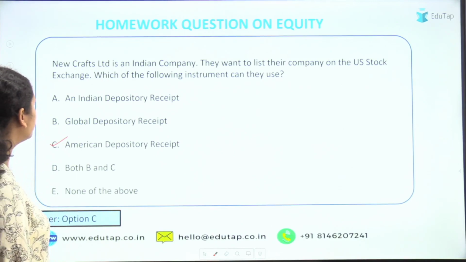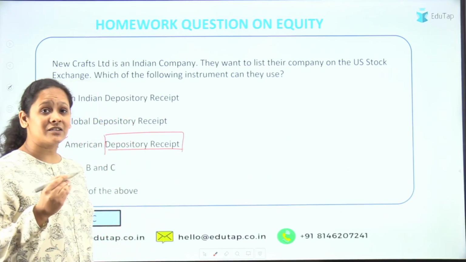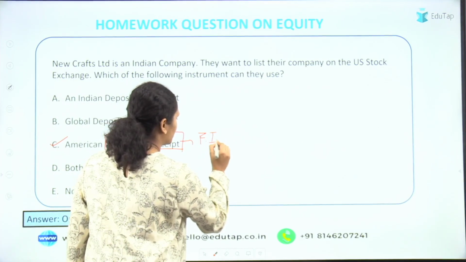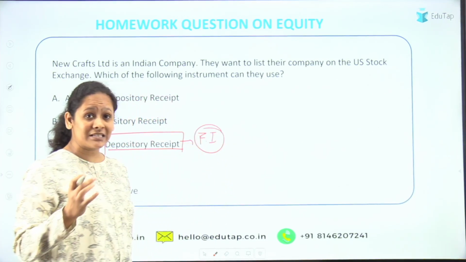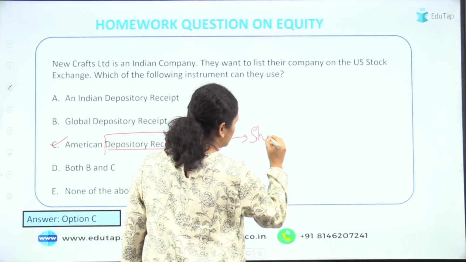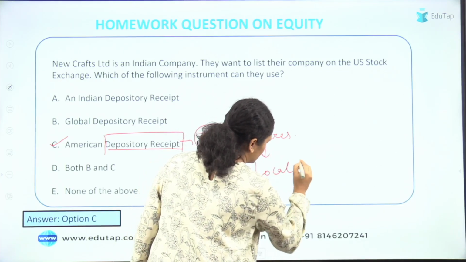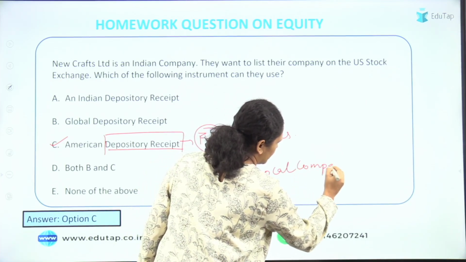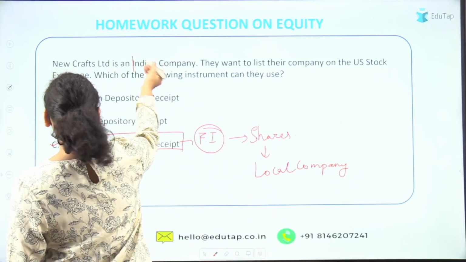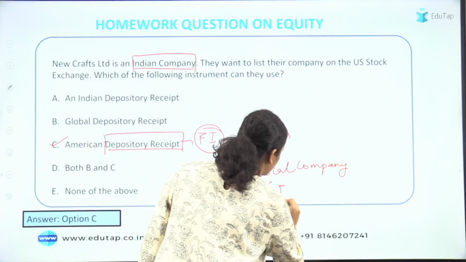Now, firstly, what is a depository receipt? See, a depository receipt is a financial instrument, okay? Which represents the shares of a local company. In this case, Newcraft India Limited is an Indian company, so it is a local Indian company.